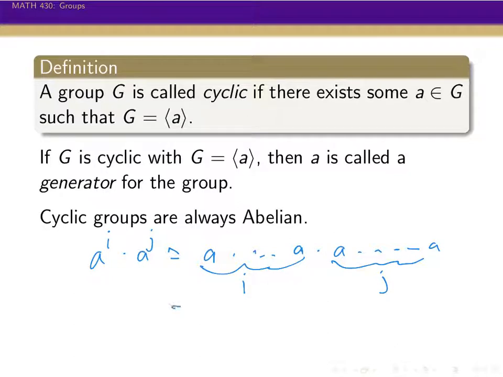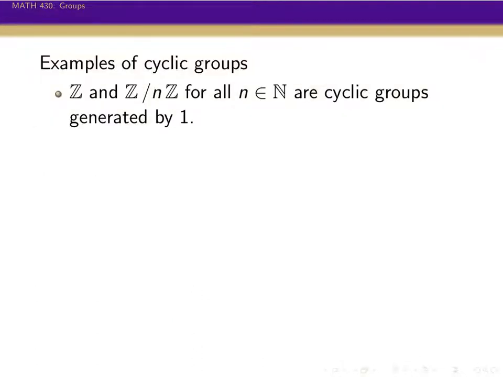How many total A's are there? A to the I plus J. And so then you could swap the counting and have A to the J times A to the I. Because it's just A being applied to itself over and over again, you can swap the order of these operations in any way. And so this is abelian.